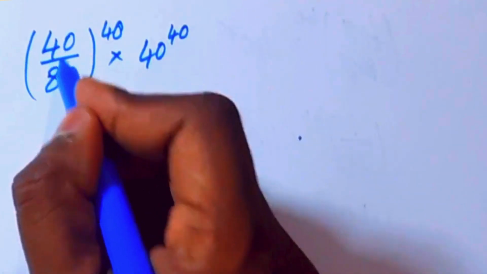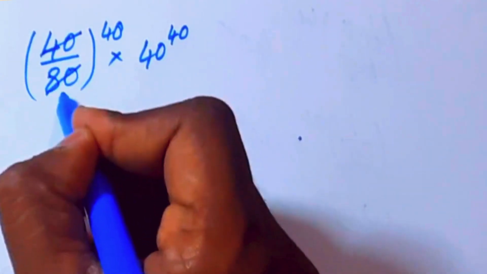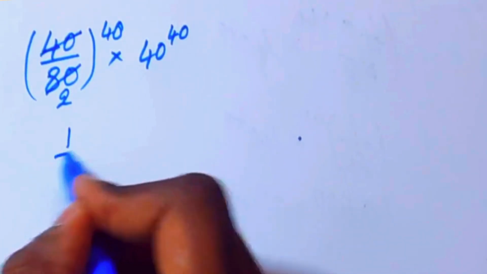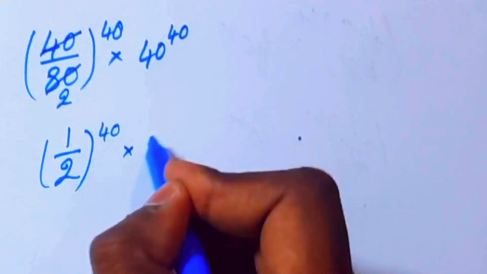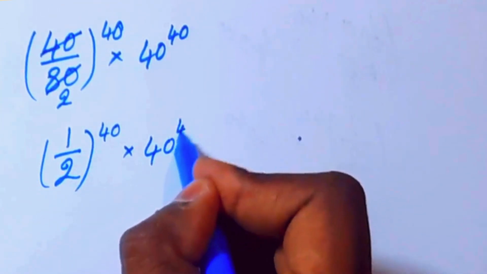Now this can be simplified: this is 2, so (1 by 2) whole power 40 times 40^40.